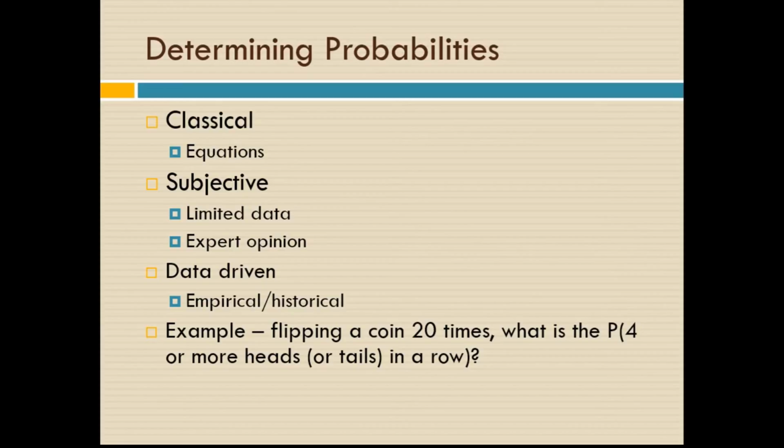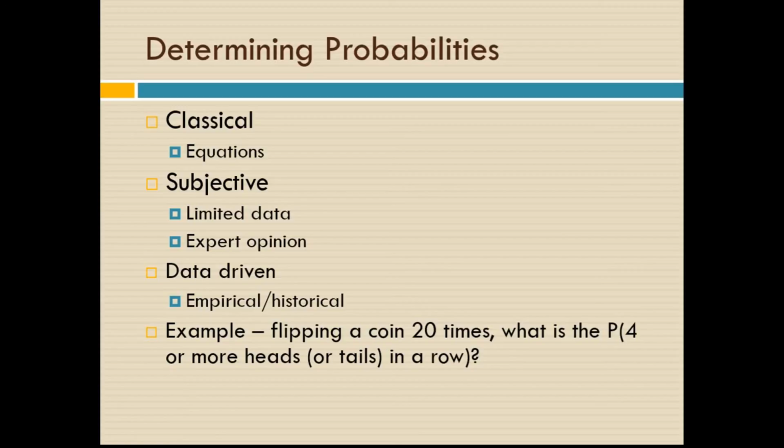So we are going to be limited to the next best thing, and that is either subjective or data-driven. Subjective is when we don't have a lot of data, we don't have access to it, or we don't know how to use what we have, and we just rely on our experience or our expert opinion. Keep in mind, that could be really good. Just because it's subjective doesn't mean it's not good.